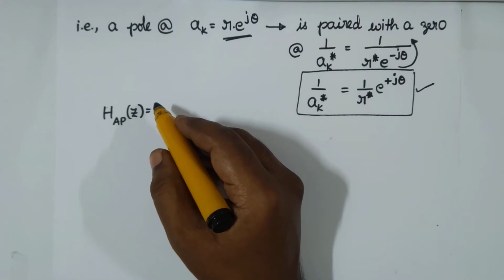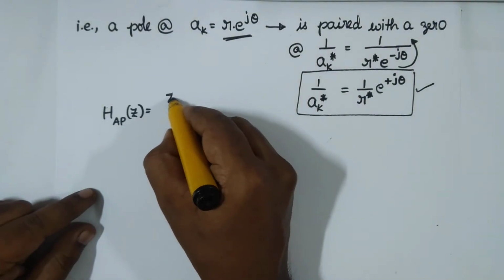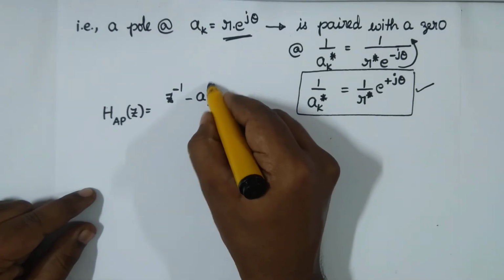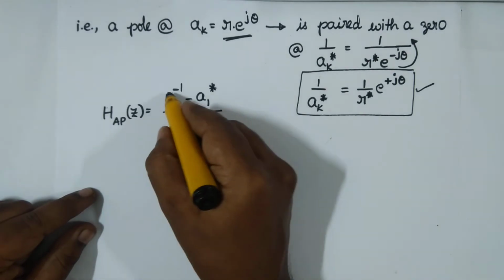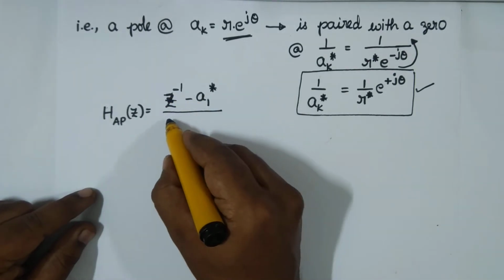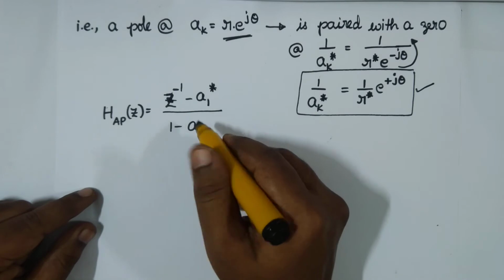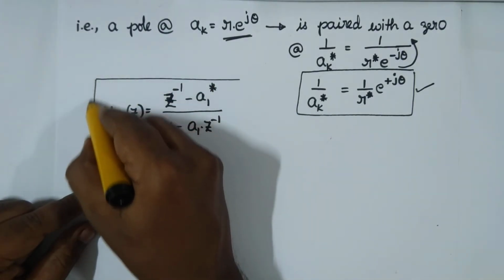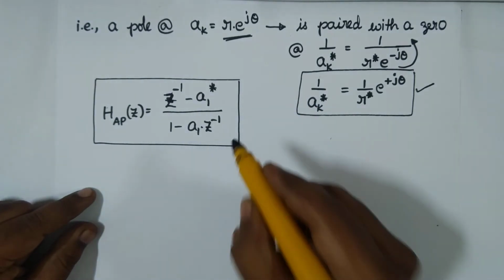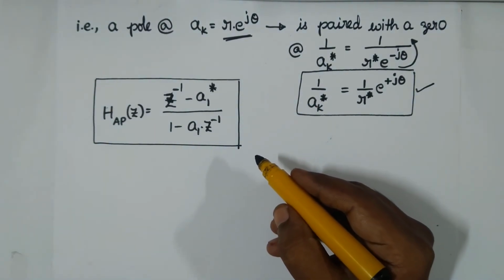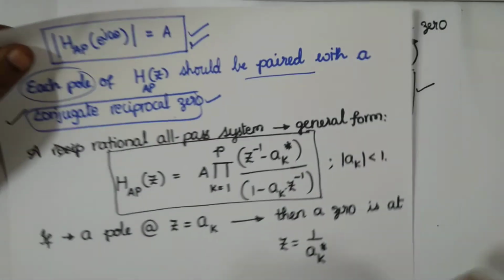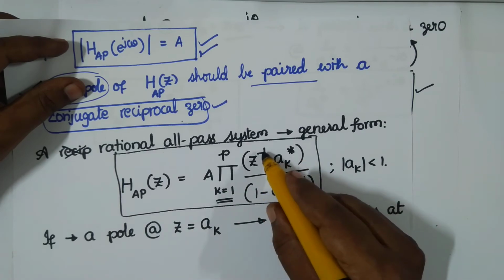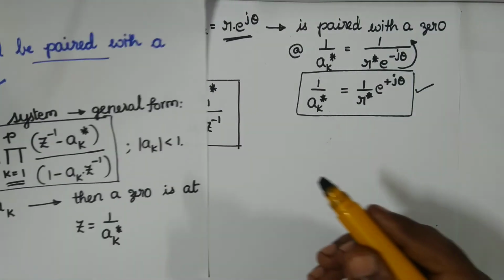So HAP of z is now z power minus 1 minus, let me take k equal to 1, then we have a1 conjugation by 1 minus a1 multiplied by z power minus 1. This is my first order all pass system. So we took k equal to 1.